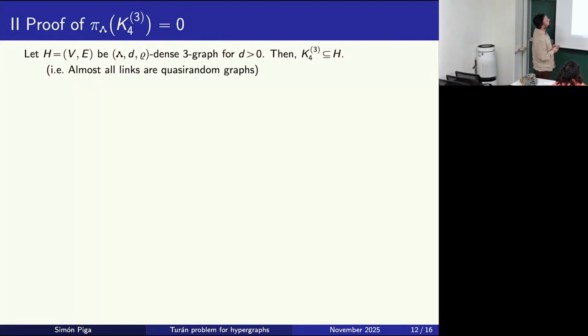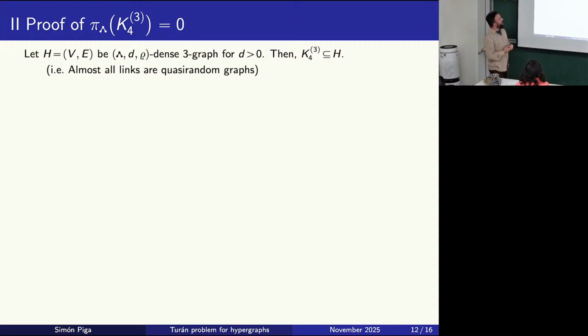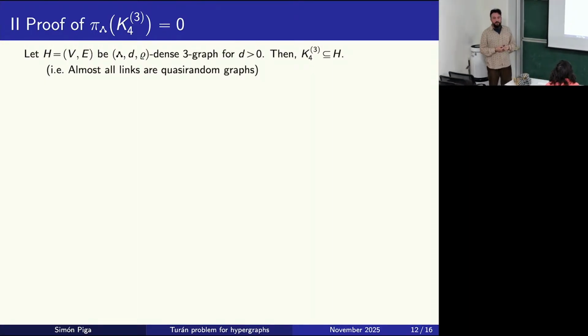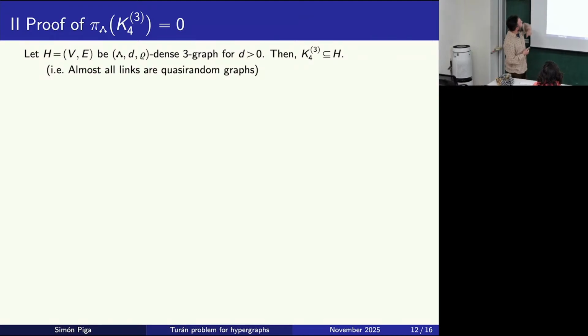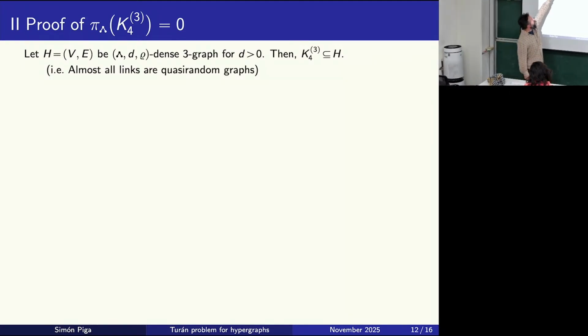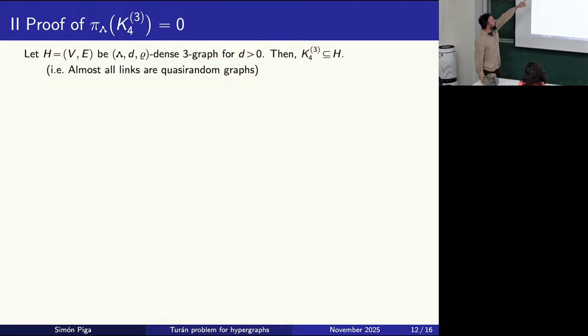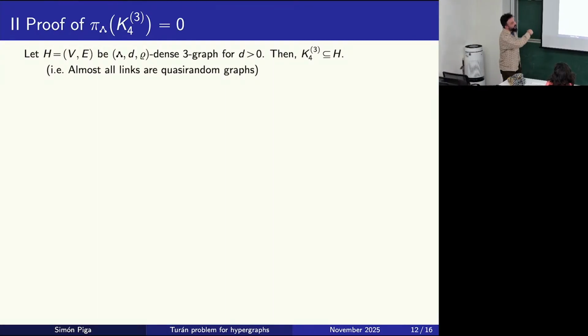And this proof is kind of nice and simple and cute, I would say. So you give me a hypergraph which is cherry rho d dense, with any density larger than 0, with any constant, and I need to prove that it contains K4.